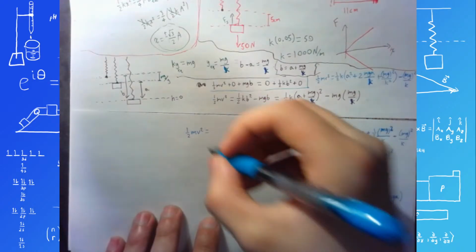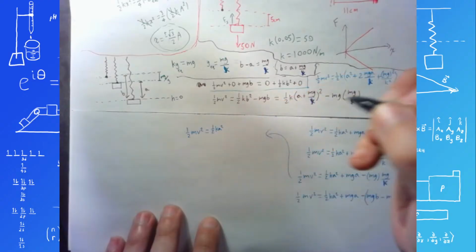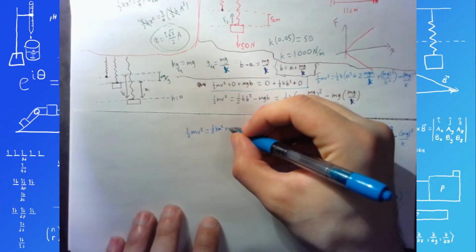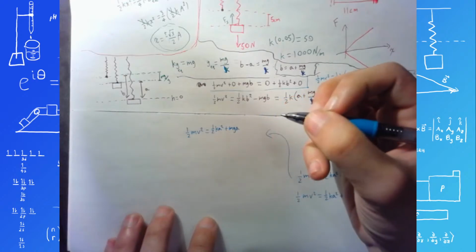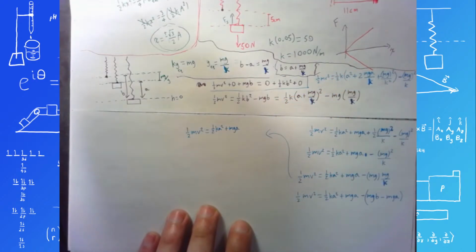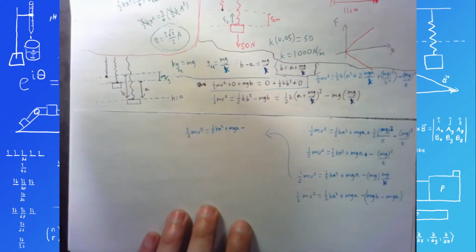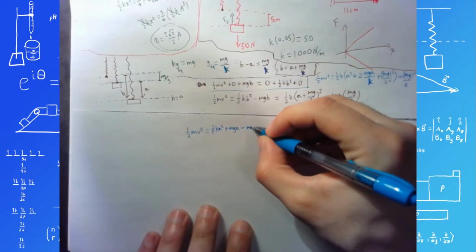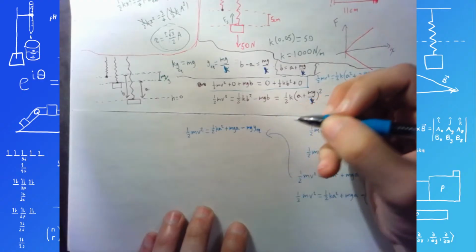Let's see, 1/2 mv squared equals 1/2 ka squared plus mga minus, this is going to be mg y equilibrium.